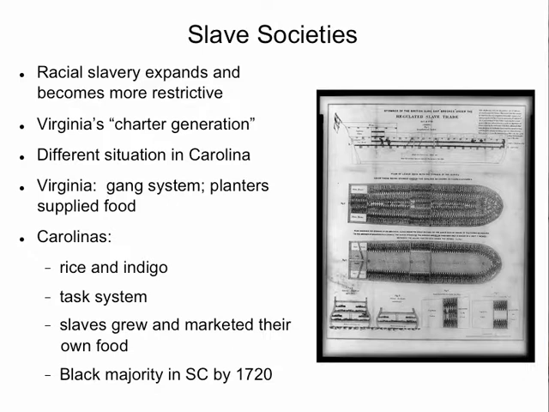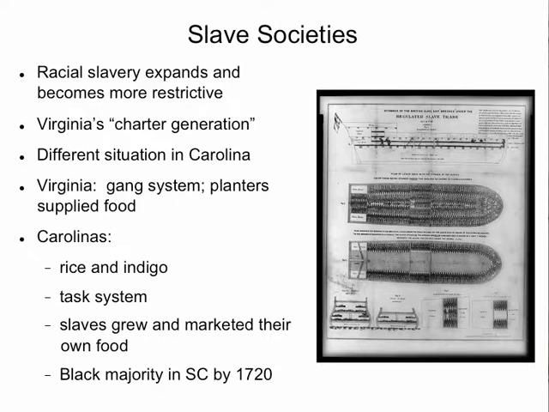And so life, in a sense, at certain times could be a little more stressful for the Carolina slaves. They had to provide food for themselves in addition to working on the plantation. However, there was an advantage to this in that sometimes slaves would have surplus food from their gardens, or from their own small farm plots.